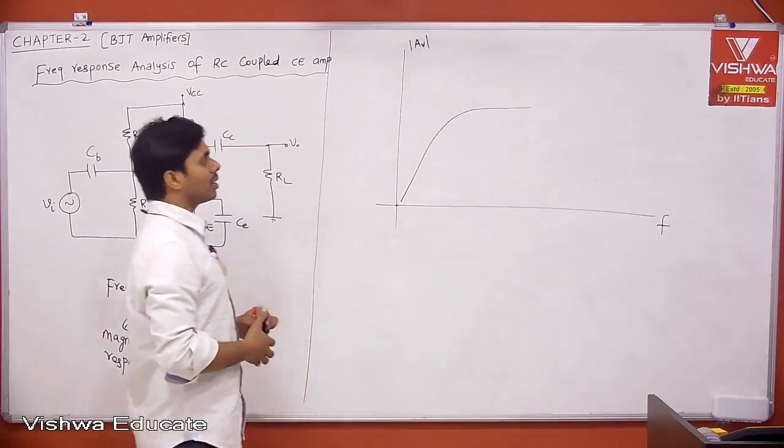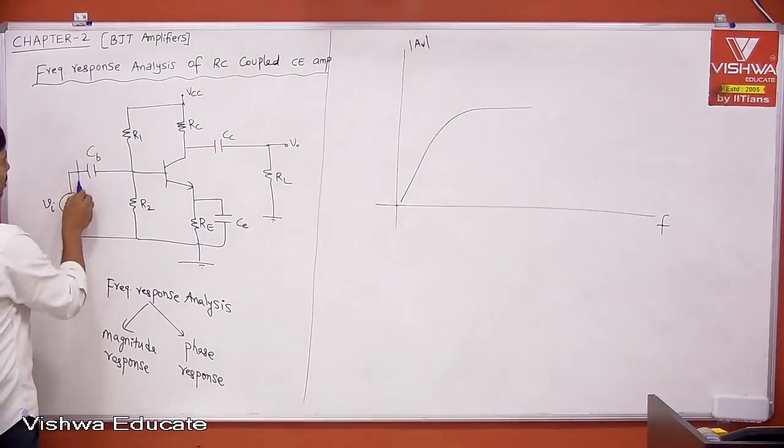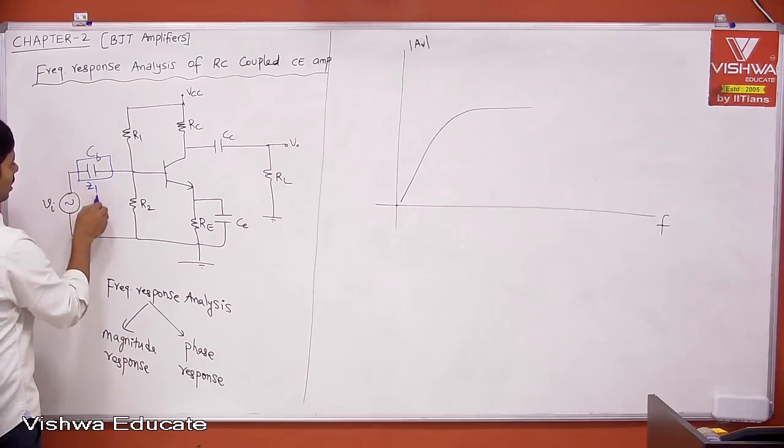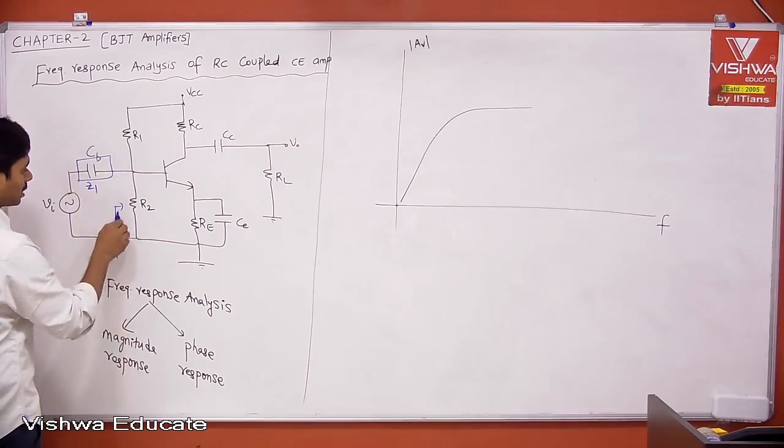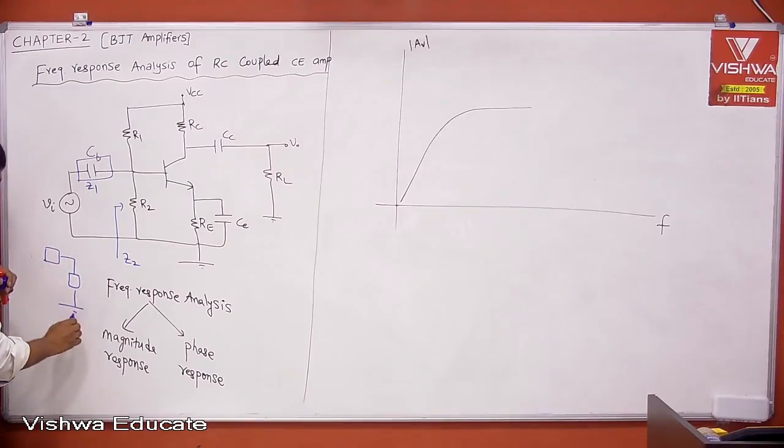At the lower cutoff frequency, whatever impedance you have, let us say this is Z1, and the input impedance you have, let us say that is Z2. Overall, this is Z1 and this is Z2, and this is your VI.